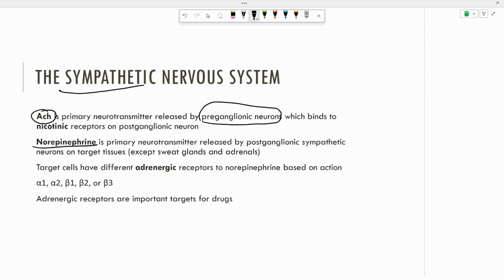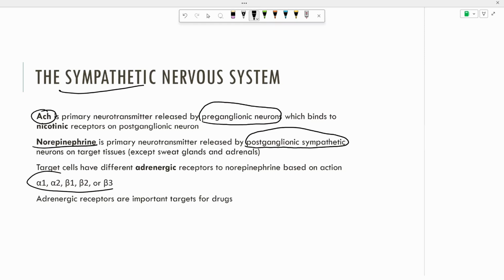Norepinephrine is the primary neurotransmitter released by the postganglionic sympathetic nerve. So the preganglionic secretes ACh onto the postganglionic receptor that is a nicotinic receptor. Then the long postganglionic nerve will release norepinephrine at the target site, except sweat glands and adrenals, they have something else we'll talk about.